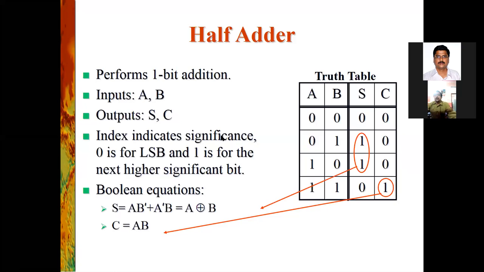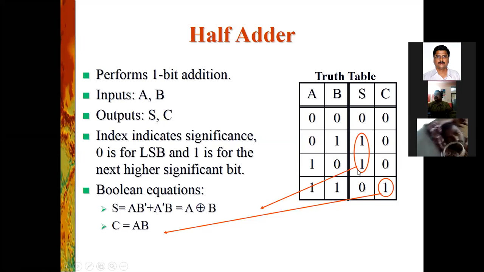What is the statement of an XOR gate? The output is 1 only when the inputs are not the same. If the inputs are different, if they are dissimilar, then the output will be 1.